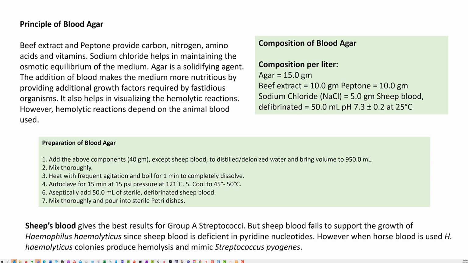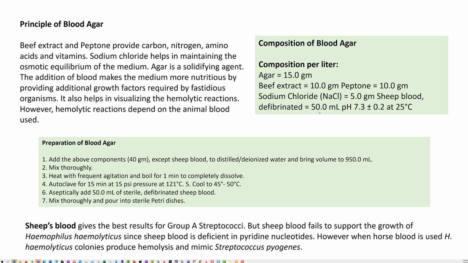So usually what we do to make blood agar is that we make usually 1 liter, 2 liters at a time, and we add these types of things that you see, and then sheep blood. If you're lucky, you can get it defibrinated. So in other words, it's not clotted and all that. And you add the red blood cells, and it's usually about 5 grams, 50 mLs in 1,000 mLs.